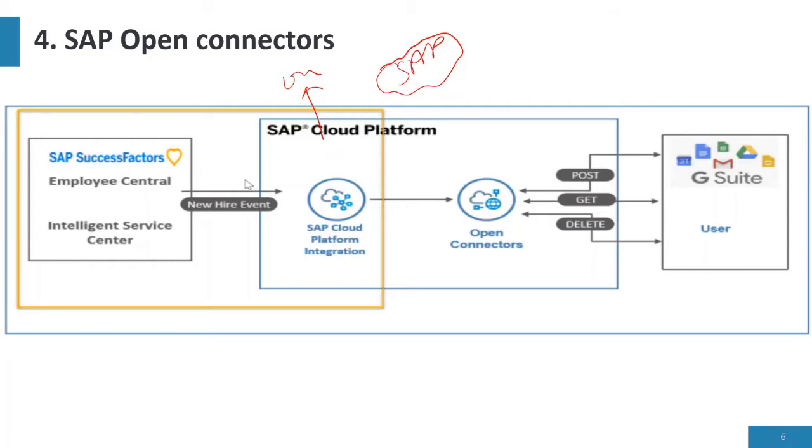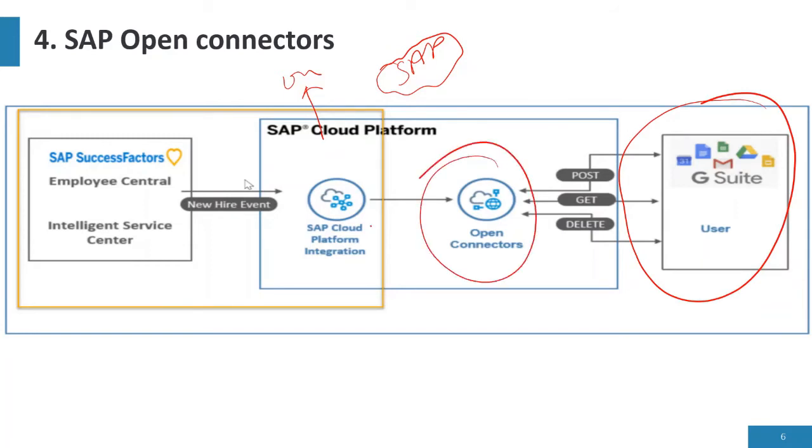The approach is just a little different. If we want to connect with non-SAP cloud systems, we will use open connectors. SAP has already enabled connectivity with non-SAP cloud systems using open connectors, and we already have more than hundreds of different non-SAP cloud systems available.